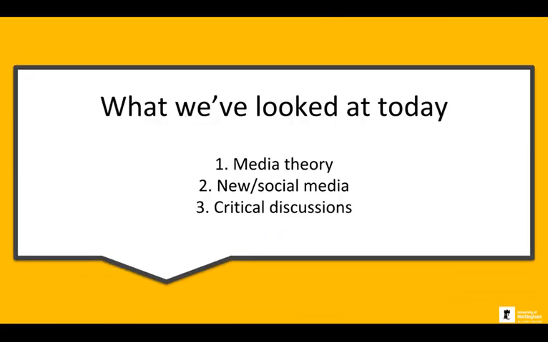What we've looked at today, if you look at media theory, we spent quite a bit of time talking about media theory and the assignment, why I've not been able to do the last bit. And theories of new and social media.